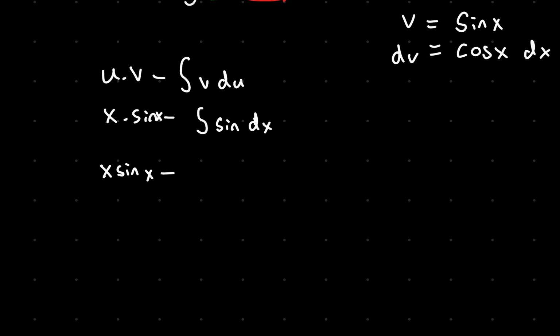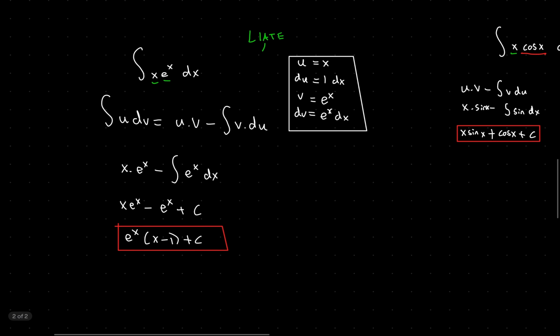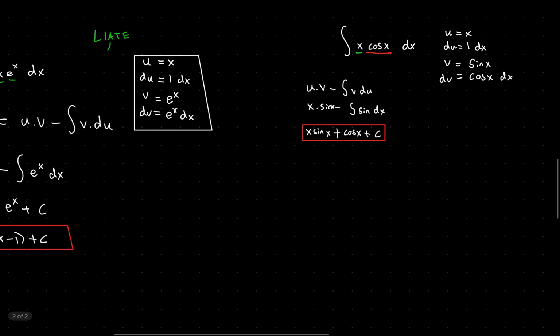Minus minus cos x, so that just gives us plus cos x. And don't forget your plus c, and simple as that, we have our answer. Okay, and we have two integrals perfectly solved, perfectly correct. And that should have been no bother to you.